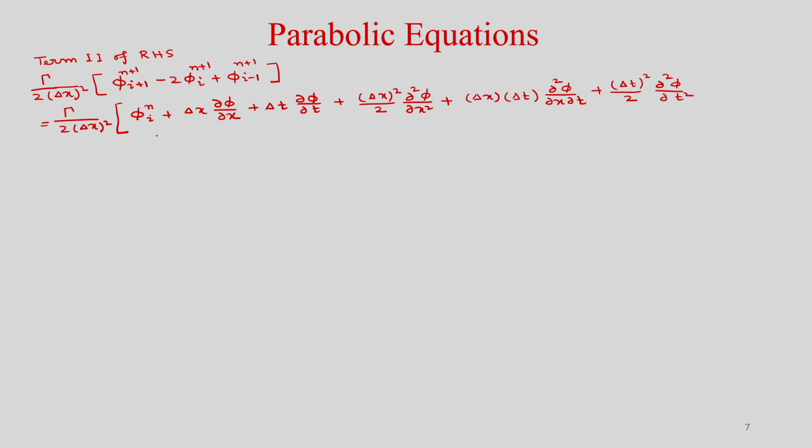Then the cube terms are there. So, you will get Δx³/6 ∂³φ/∂x³, then plus Δt³/6 ∂³φ/∂t³.